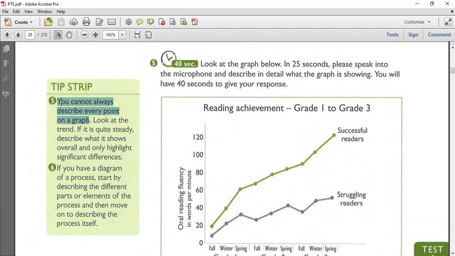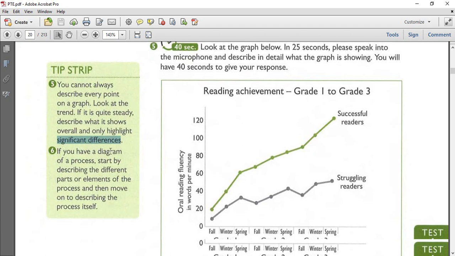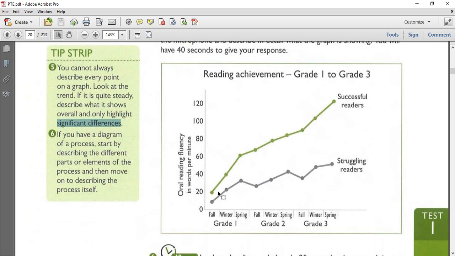Look at the trends, and if it is quite steady, describe what it shows overall and only highlight significant differences. We only have 40 seconds to respond, so describing each point of the graph is impossible since the time given is not that long.